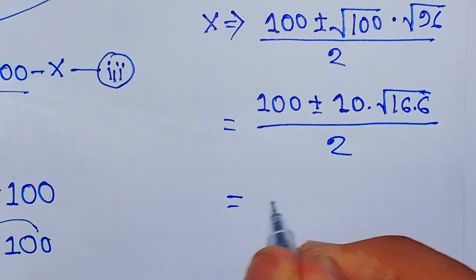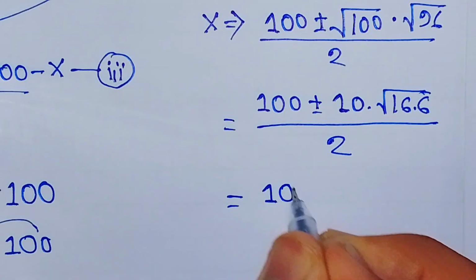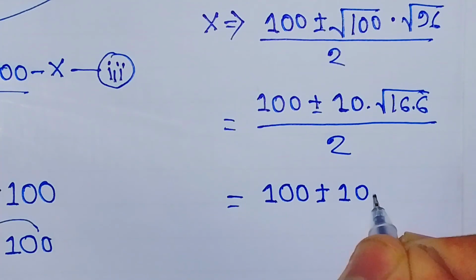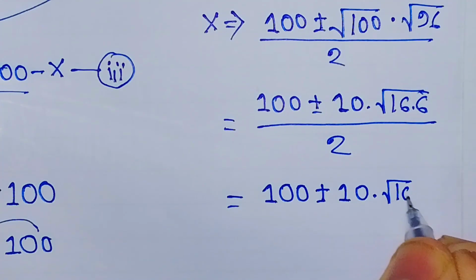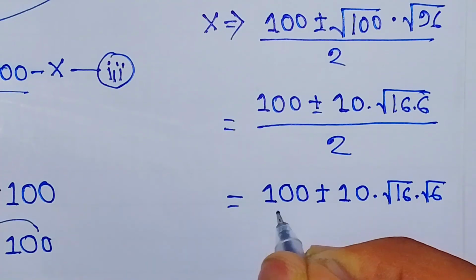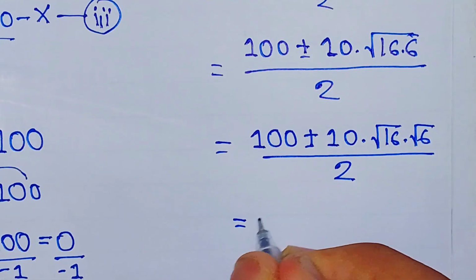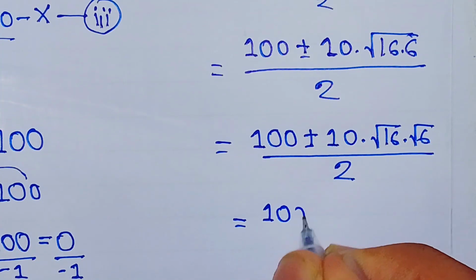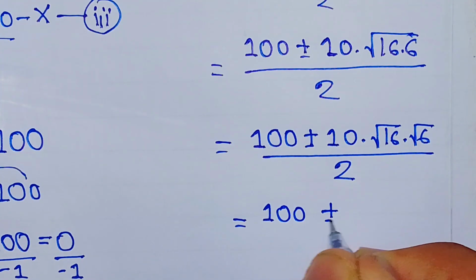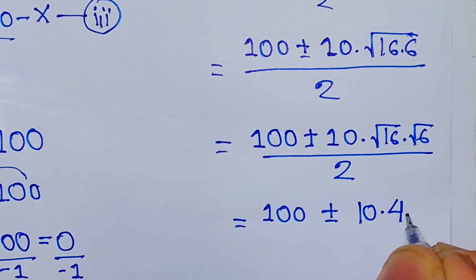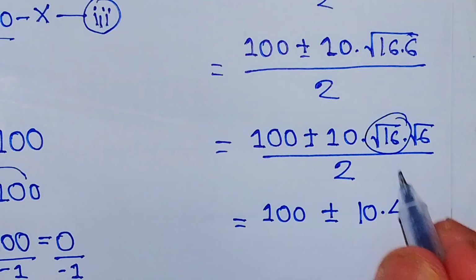So now the expression will be 10 times root over 16 times 6 divided by 2. Now we can write 100 plus minus 10 times 4 because root over 16 is equal to 4.